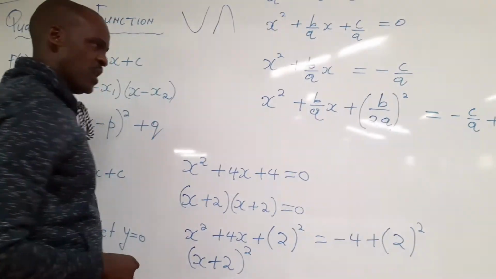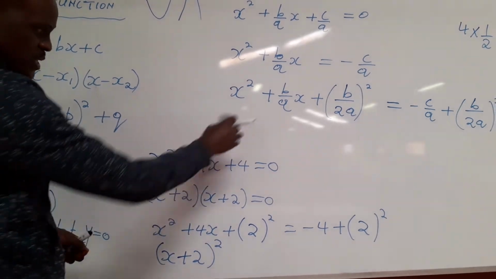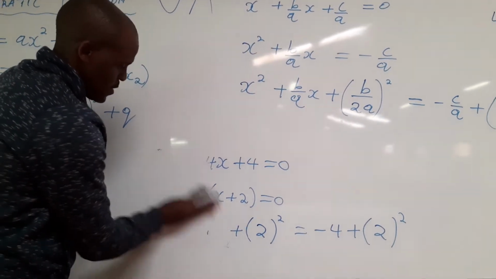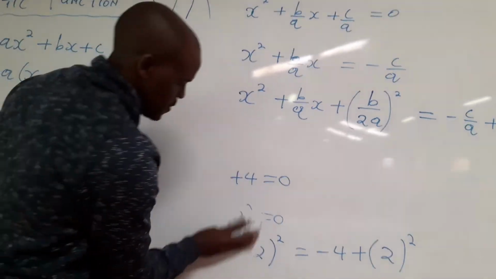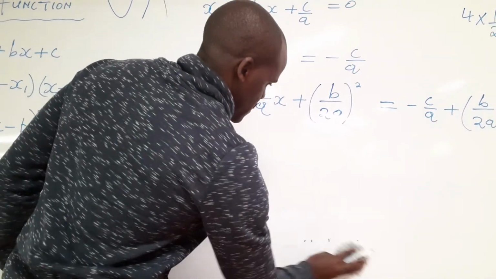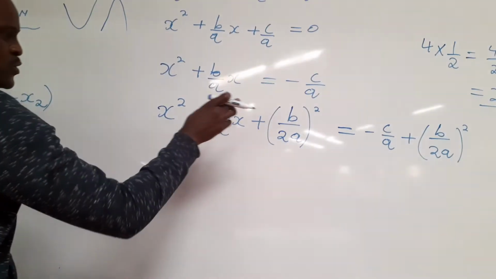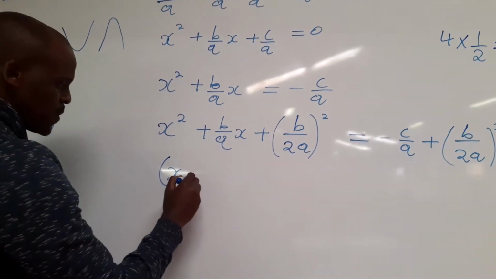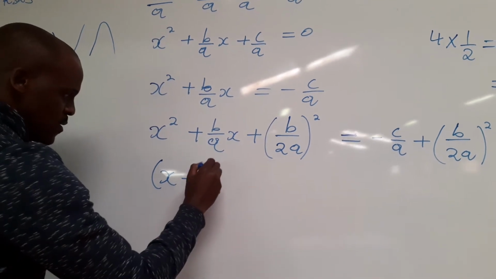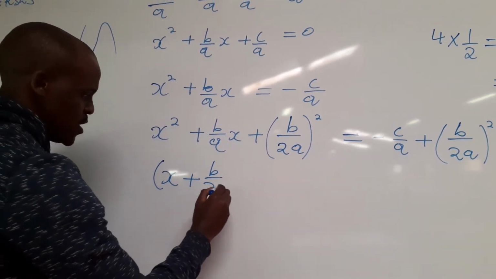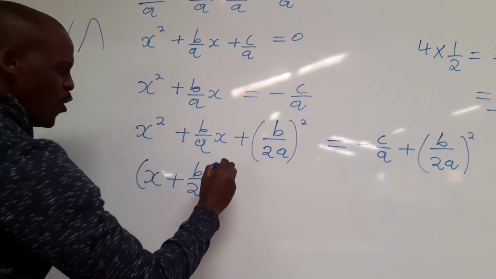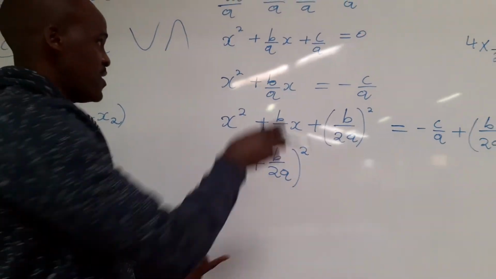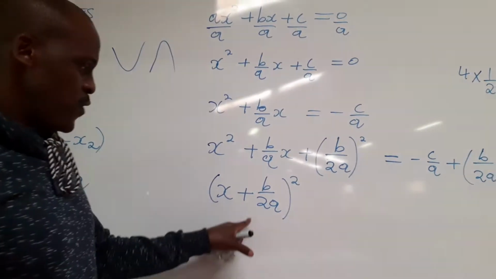The same thing will be applied there. We do the same here. We take this as it is, so it's x plus b over 2a, all squared.